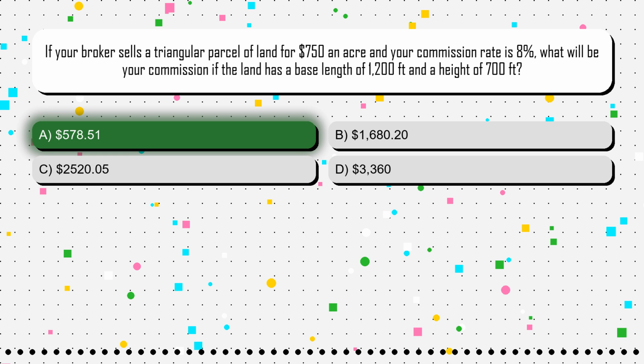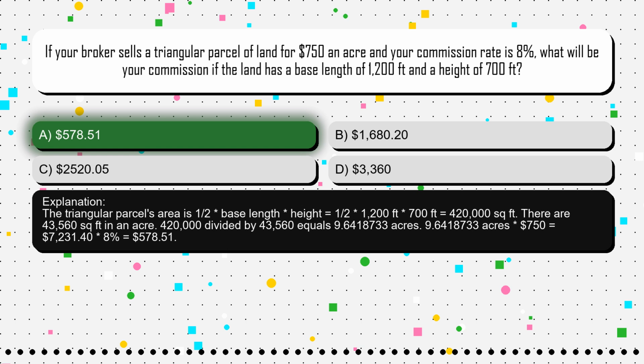The correct answer is option A, $578.51. The triangular parcel's area is 1/2 * base length * height equals 1/2 * 1,200 feet * 700 feet equals 420,000 square feet.